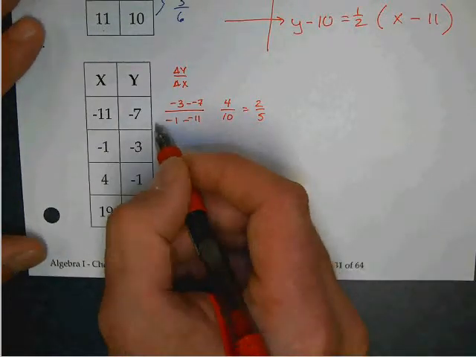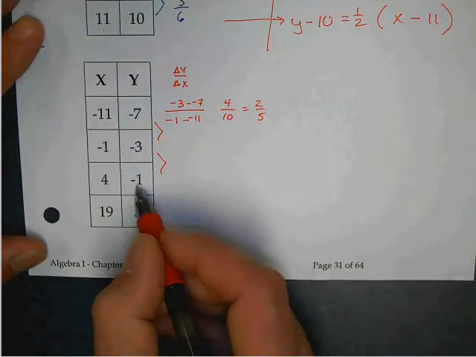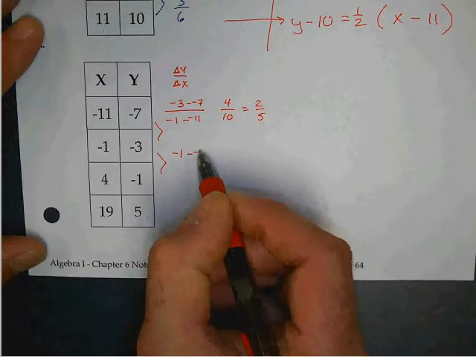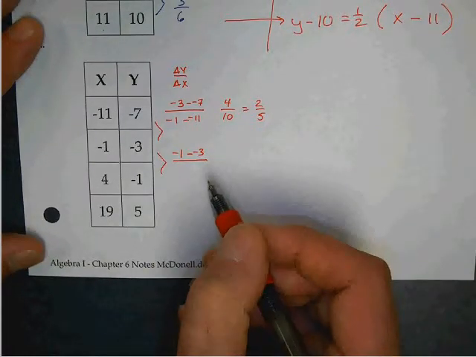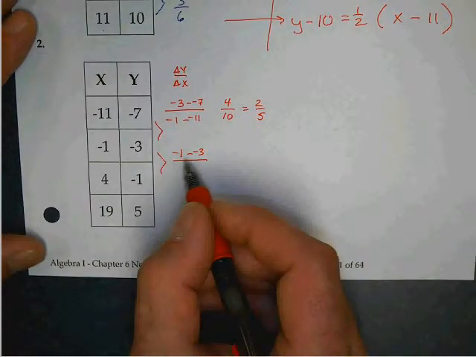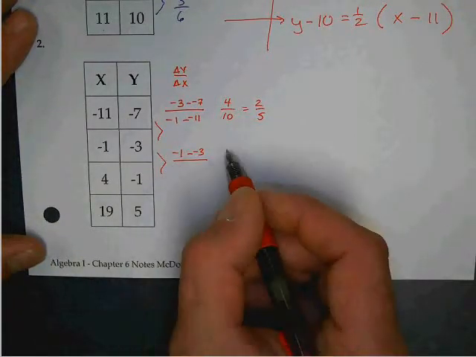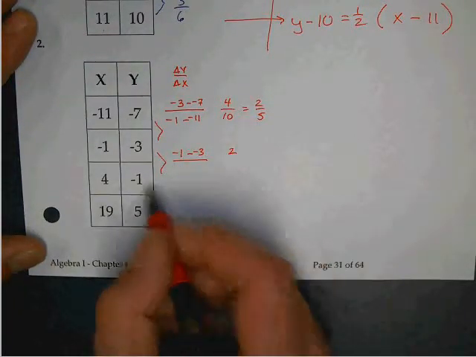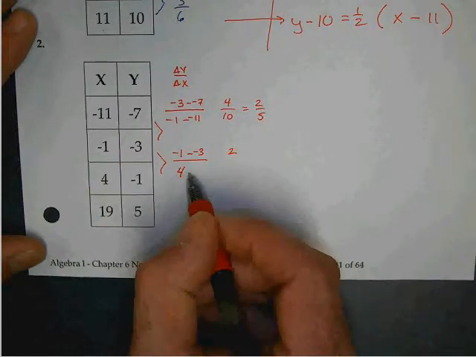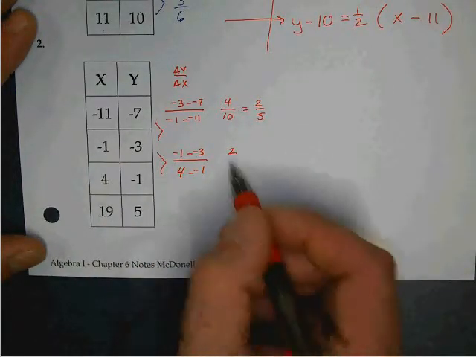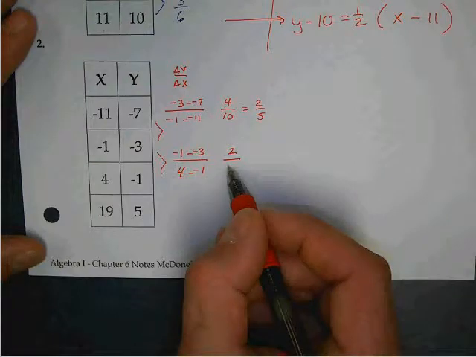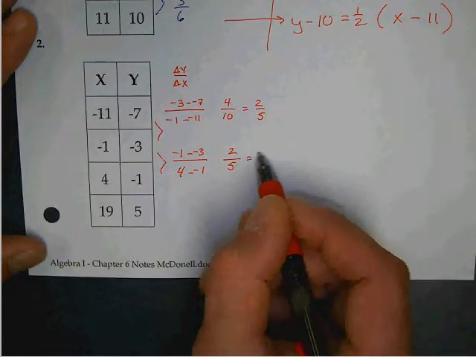Let's do this next one. Negative 1 minus negative 3. Minus a negative becomes a what? A plus. So negative 1 plus 3 is 2. Then my x is 4 minus negative 1. Minus a minus, once again, is a plus, so that's 2/5.